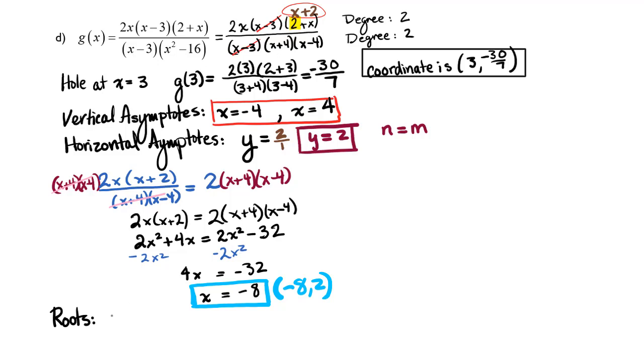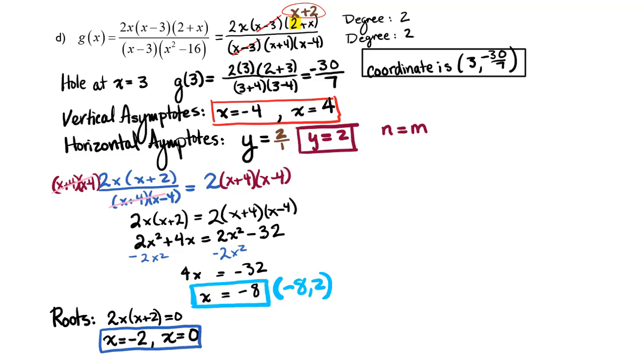That will be at anything that is in the numerator set equal to 0. So I will have roots at x equals -2 and at x equals 0. So these are where the rational function will cross the x-axis.